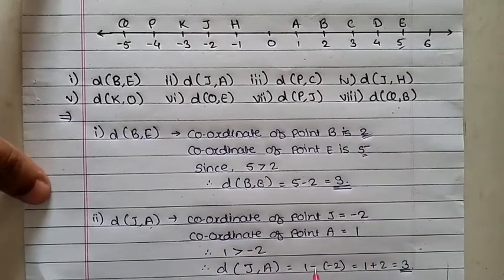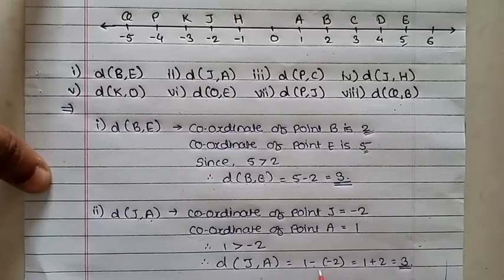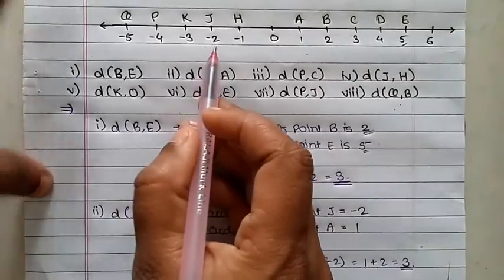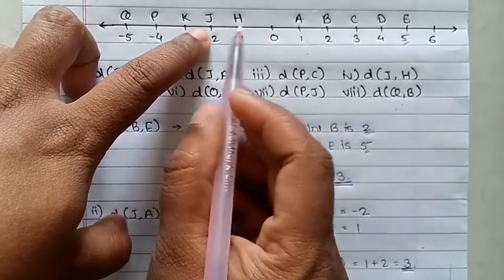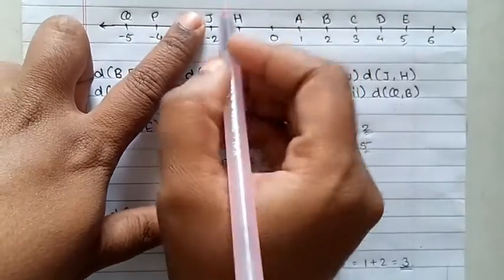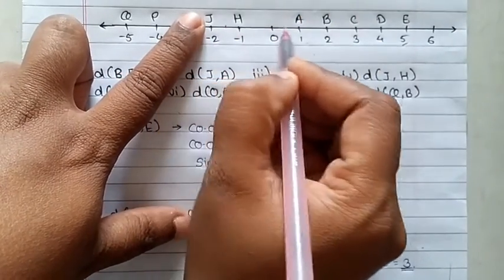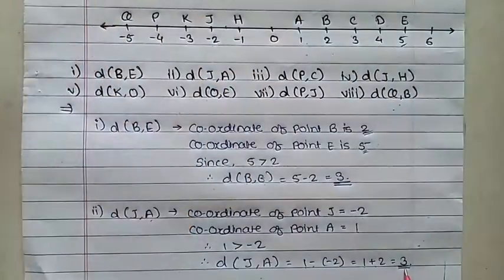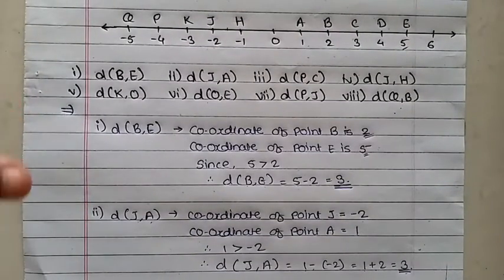So write down 1, then minus in bracket -2, so minus gets converted into plus. So 1 plus 2 is equal to 3. Just observe here, J from A, what is the distance? That is 1 unit, 1, 2, 3, and your answer is 3 here. Okay, clear?